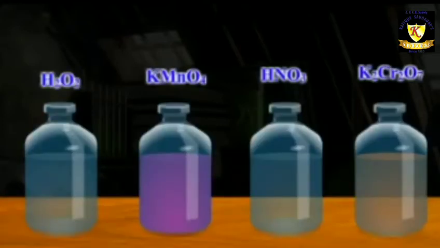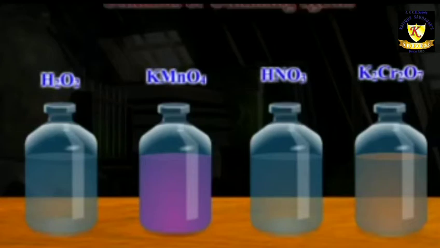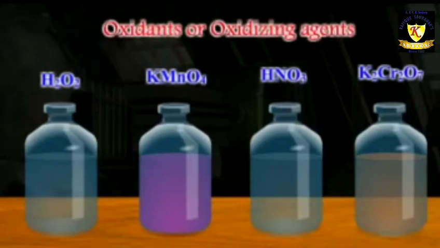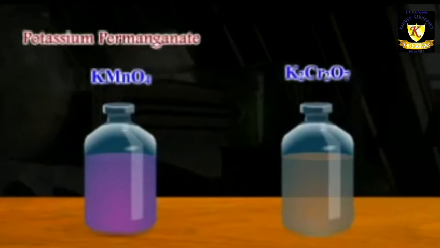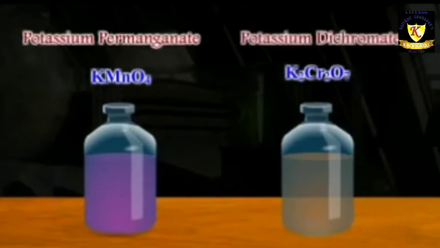Chemical compounds can also be used as a source of oxygen. Substances that can give oxygen to other substances are called oxidants or oxidizing agents. Potassium permanganate or potassium dichromate are commonly used as oxidizing agents.